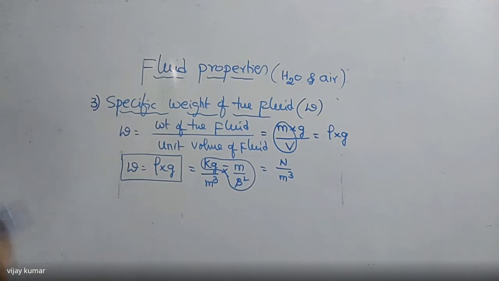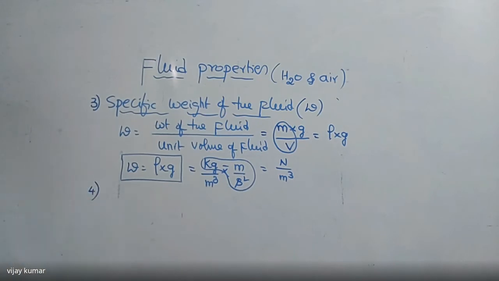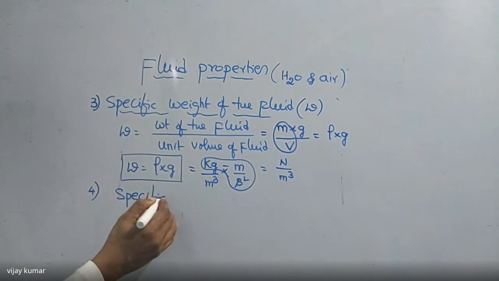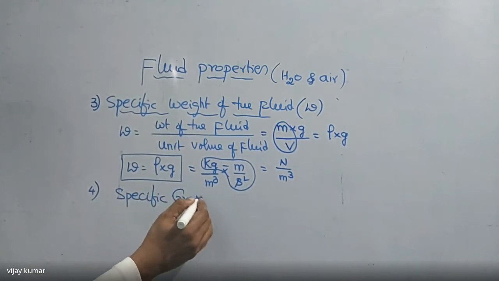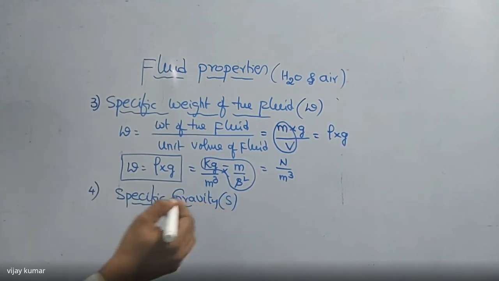Right? Now I'm going to give the fourth one. That is nothing but specific gravity. It is indicated by symbol S. I'm going to compare the weights of all fluids with respect to a standard fluid.